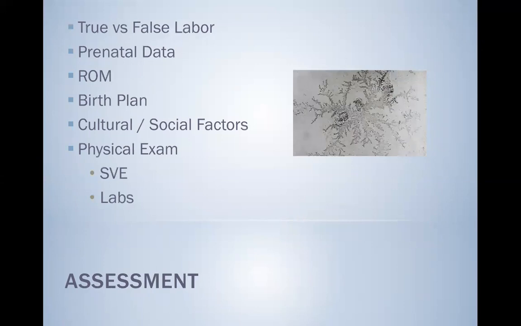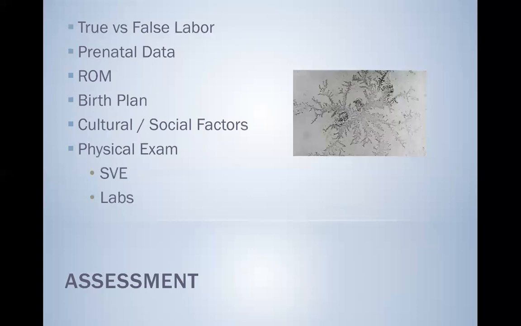So if we suspect rupture of membranes and mom's not sitting in a big puddle of fluid and we're not positive based off of our initial assessment, then we'll do what's called a Fern test, to where we do a sterile speculum exam and swab some of the fluid and put it on a slide, and we let it dry.